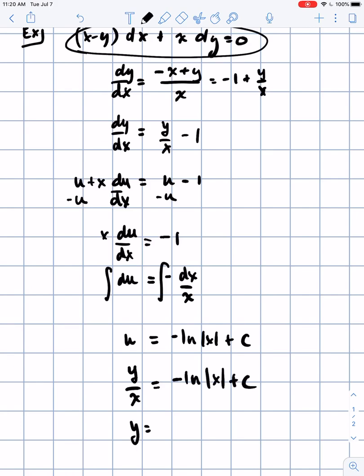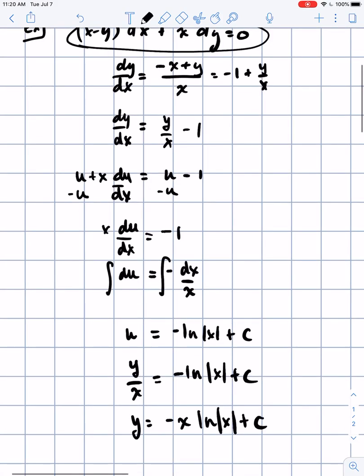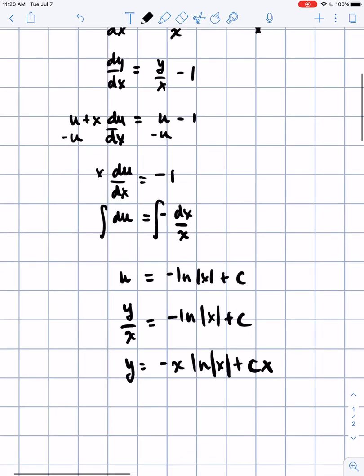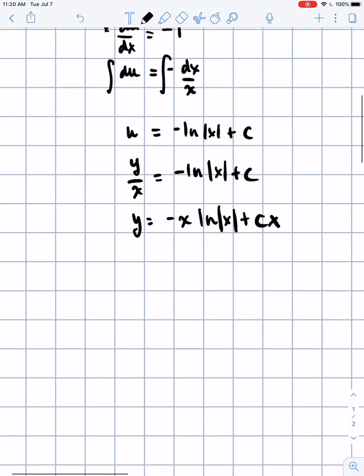So y equals negative x ln absolute value of x plus c if I multiply both sides by x, and then cx as well. Don't forget that cx. All right, so that's an example of substitution. I could do another one here.